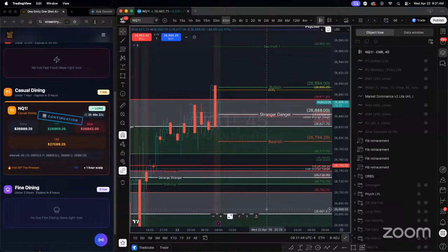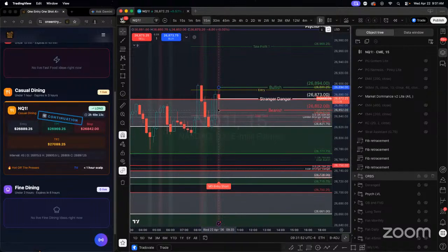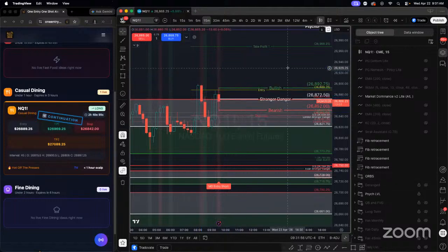Yeah, because right there, let me go ahead and put the opening range as well. This is what we're looking at so far.